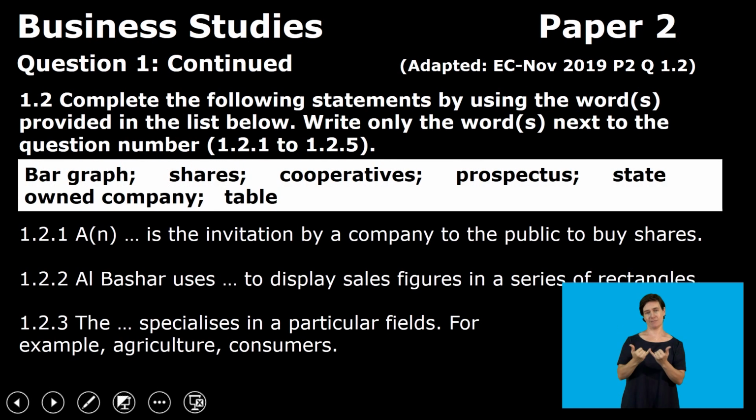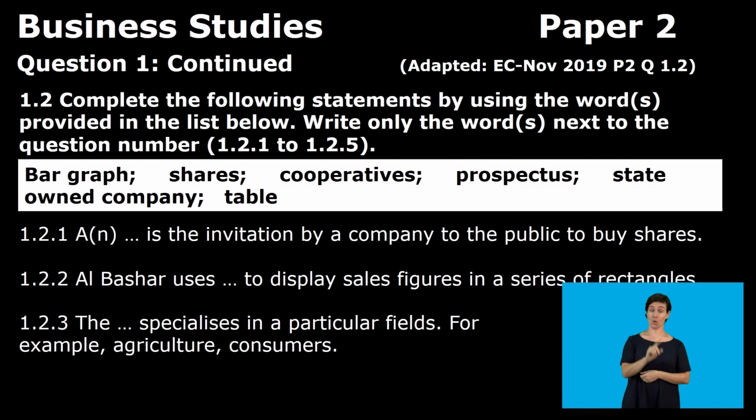Right, we're moving on to 1.2. Complete the following statements by using words provided in the list below. Write only the words next to the question numbers 1.2.1 to 1.2.5. So these are all the words. You need to give answers for that. A is the invitation by a company to the public to buy shares.